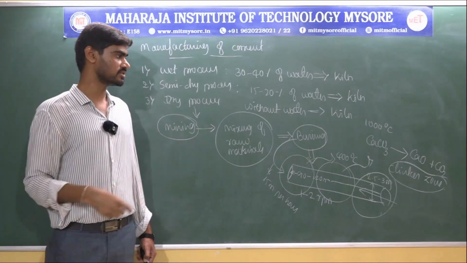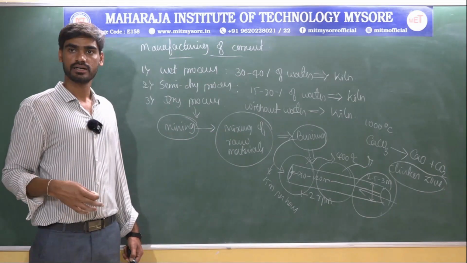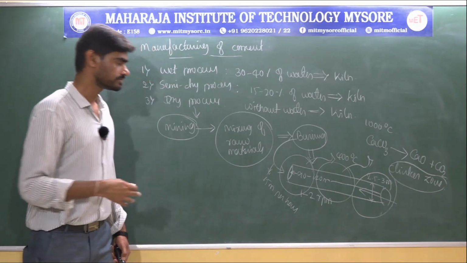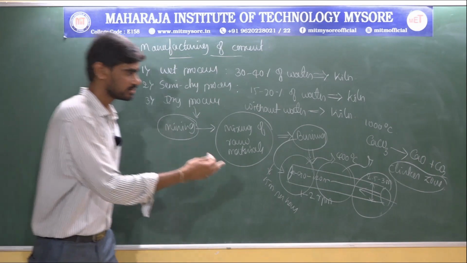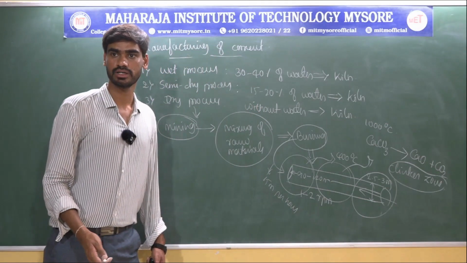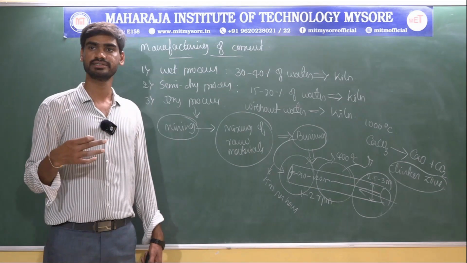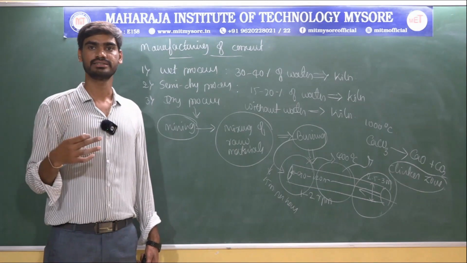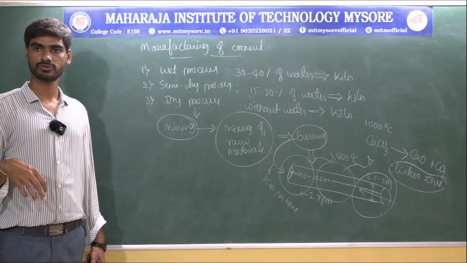Now the reactions involved in the formation of clinker are as follows. In the clinker zone, maintained at about 1400 to 1600 degrees centigrade, calcium aluminates and calcium silicates are formed.